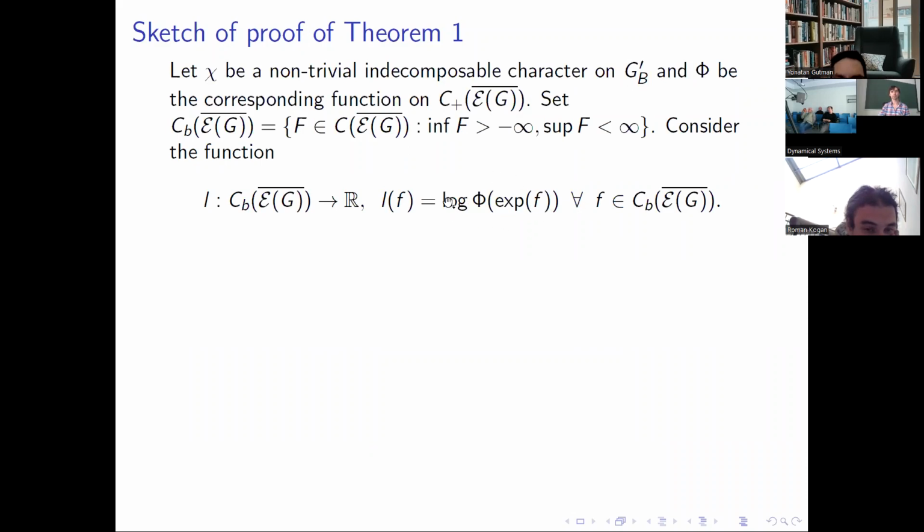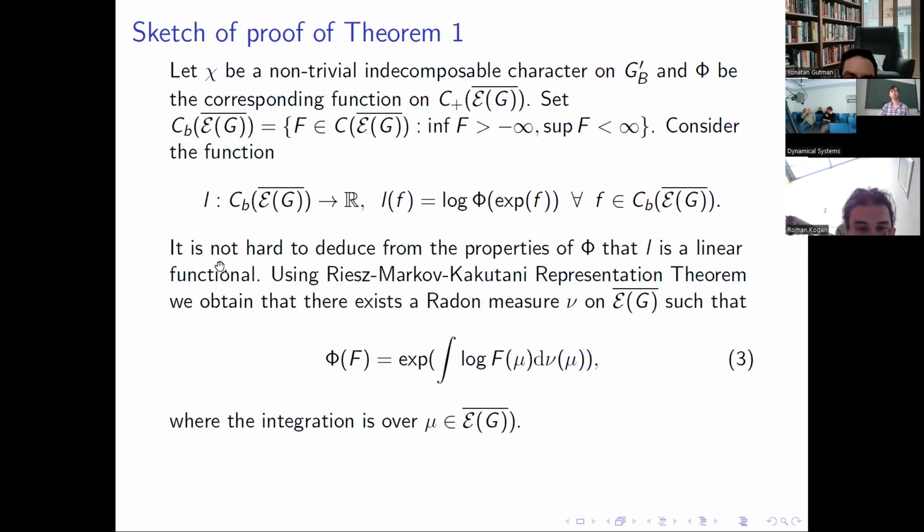So this is just a transformation to obtain a linear function L, now on this space of bounded continuous functions.